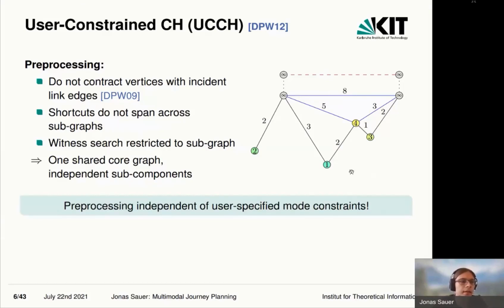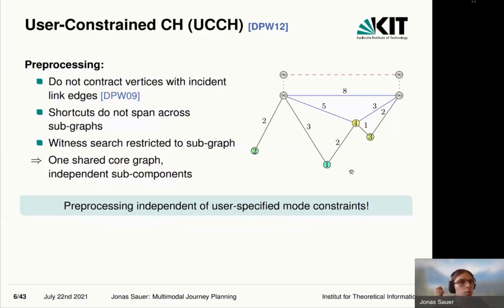And the nice thing about that is that this preprocessing is independent of modal constraints that the user might specify. So let's say we might have one user that has a private car available, at least for the first leg of a journey. We might have another user that is willing to use taxis, whereas a third user might not want to use taxis.